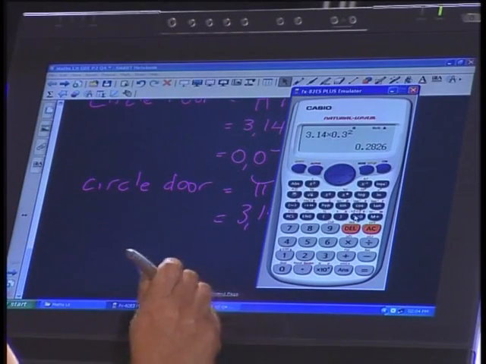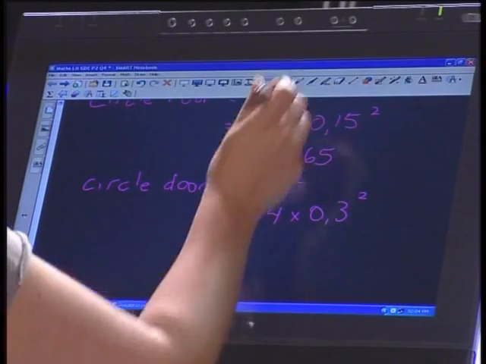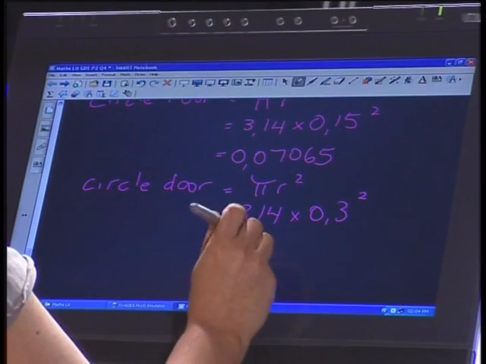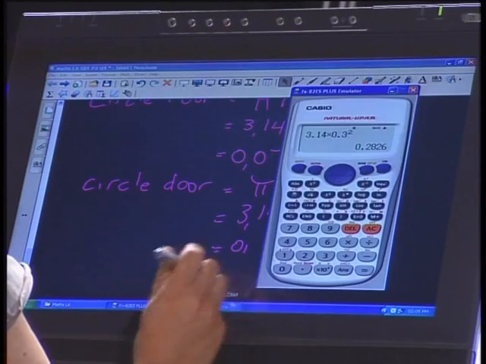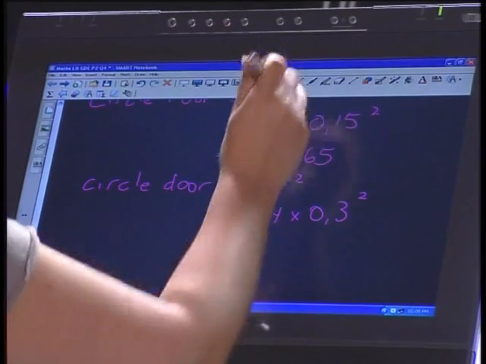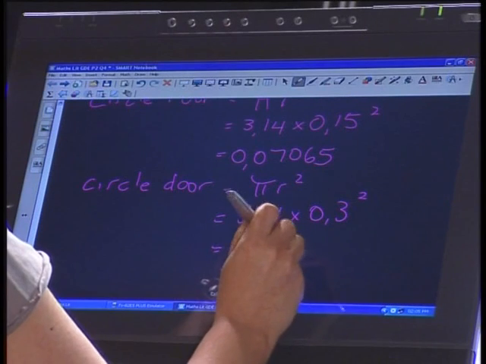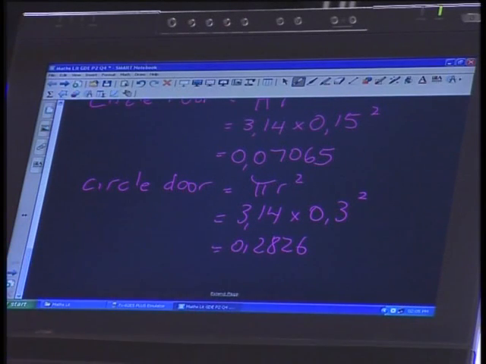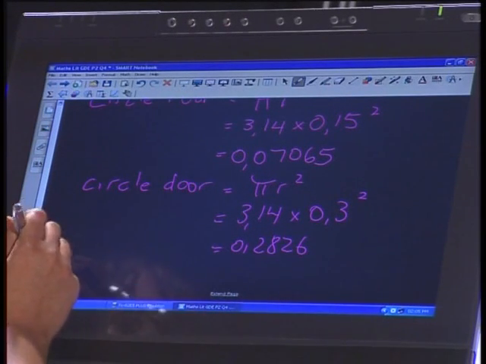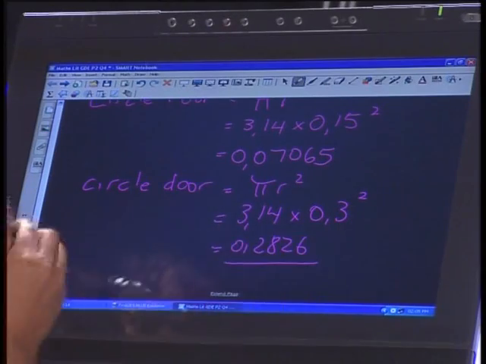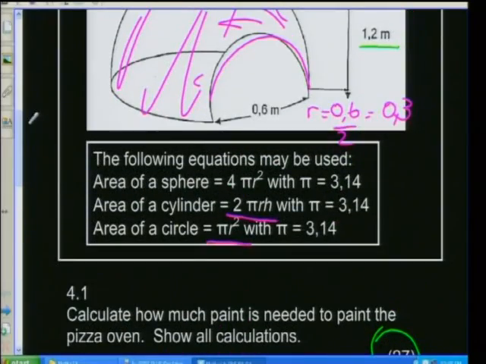What is the little problem that we have here with this answer, 0,2826? That is an entire circle. Oh, yes. We must divide it by 2.